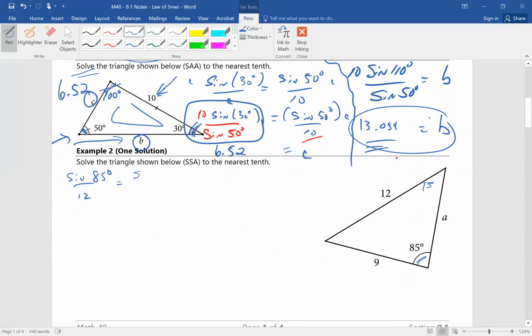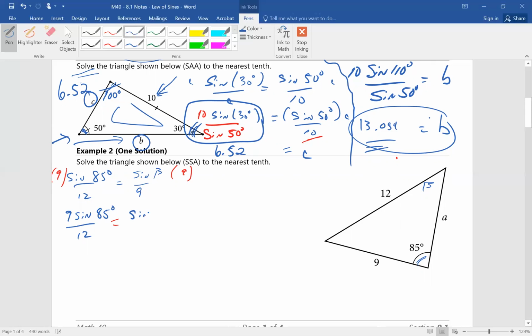Then you could say, let's figure out sine of angle beta over 9. Now that's all fine and dandy. I'm going to multiply both sides and get 9 sine of 85 degrees over 12. And again, I'm not trying to mystify you guys, but you should be able to pick up on how to do that at this point.